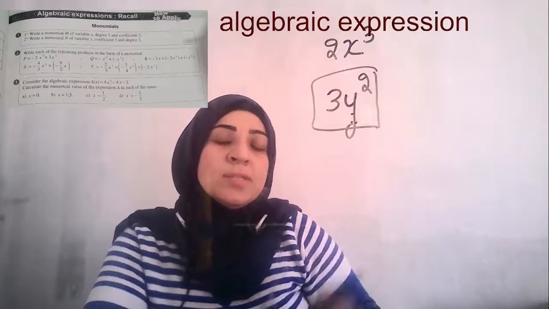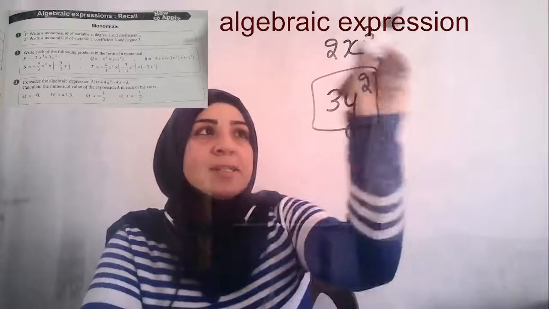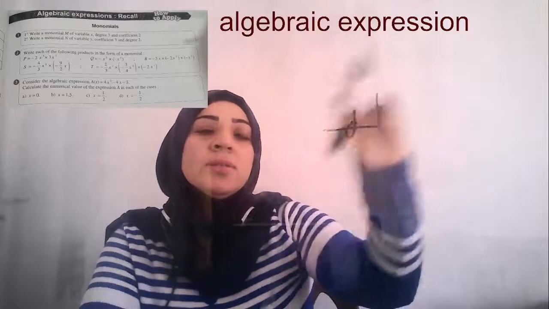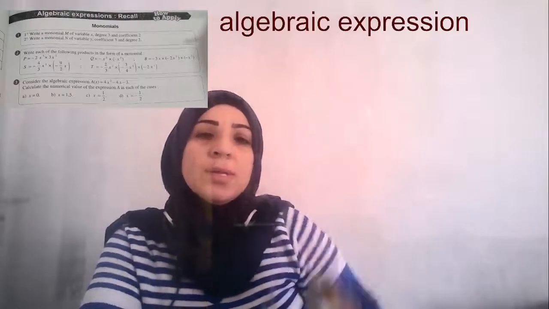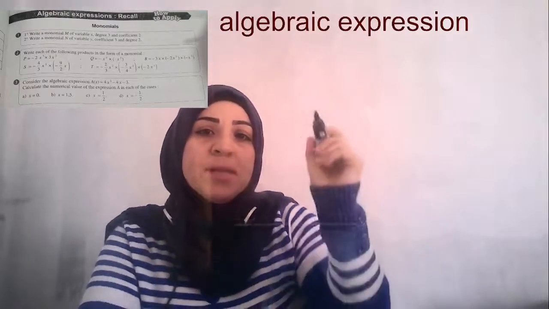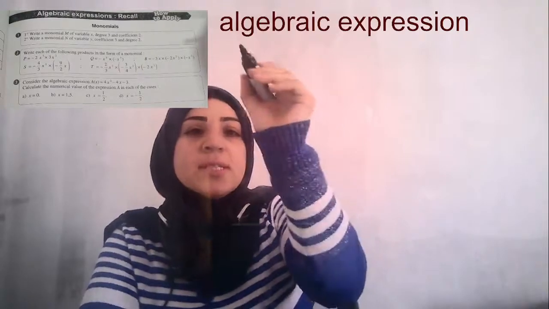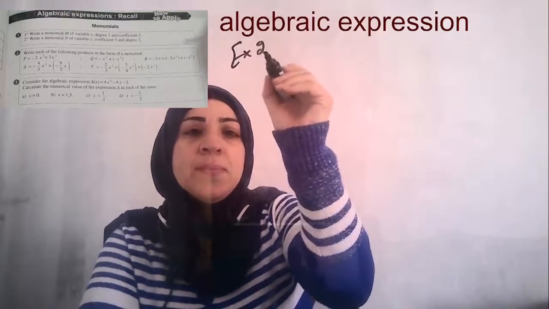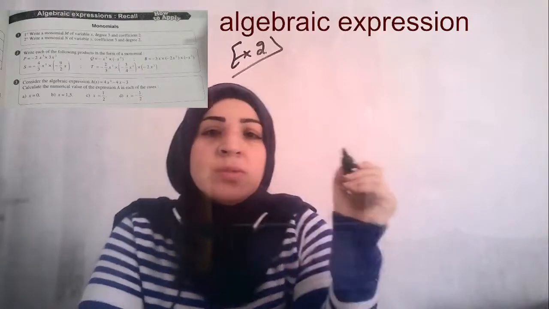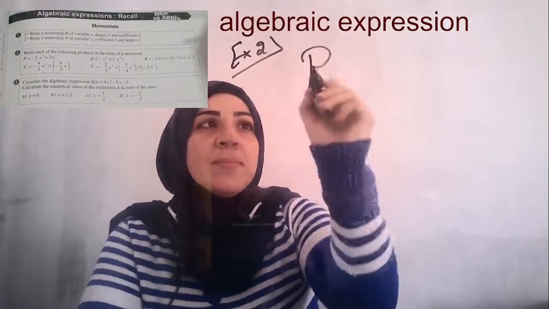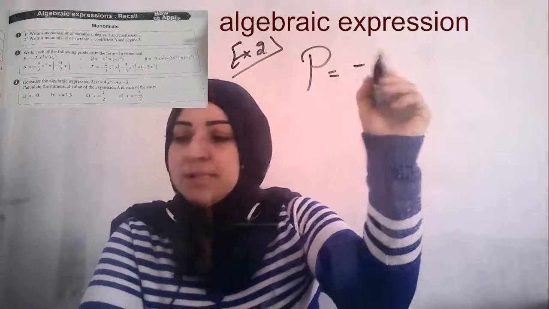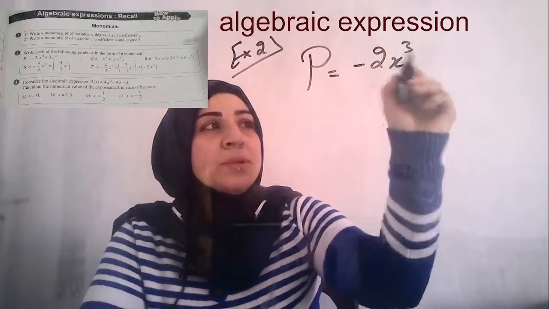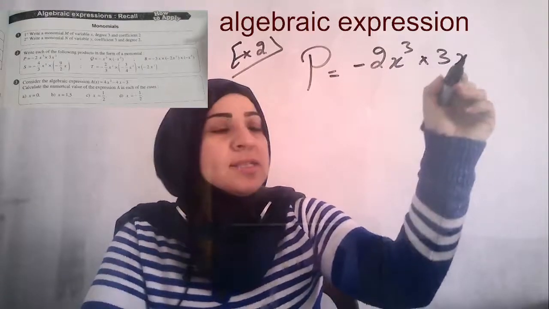Now, let's move to the second exercise. To multiply two monomials with each other, for example, let's start with the first one. This is exercise 2. Okay, what should we write here? P equal minus 2x cubed times 3x squared.